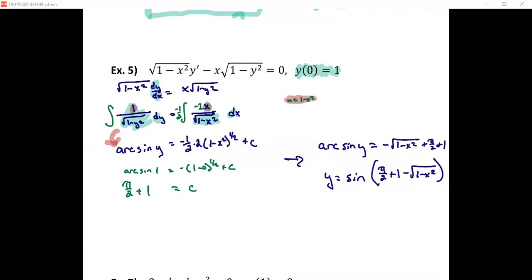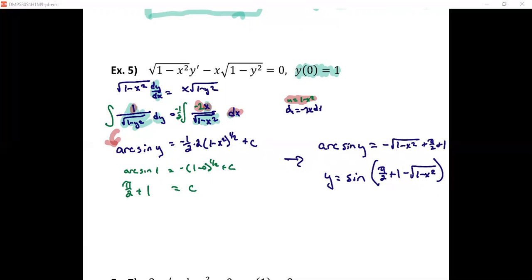U is the 1 minus x squared, so du is negative 2x dx, and that's what I was looking for right up here. So the right side is a u substitution where u is what's inside the square root.